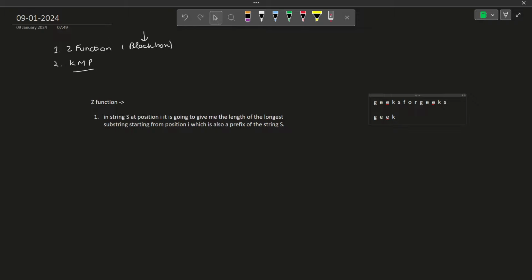In these two strings, what is the length of the longest substring starting from this particular position which is also present in the prefix of this string?